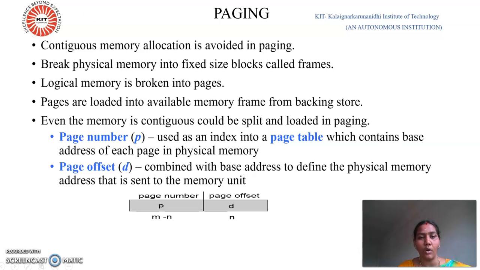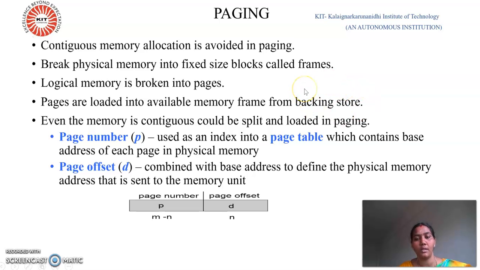Here we call the main memory frames. Your physical memory is divided into frames and your logical memory is broken down into pages. Your logical memory is the process that you are going to load into your main memory, and the frames are the main memory segments. The pages are loaded into available memory frames from the backing store.